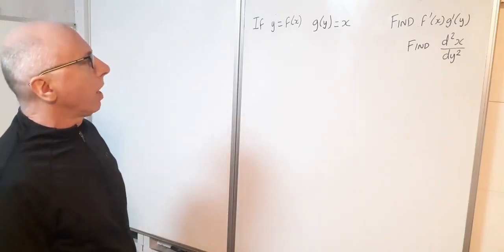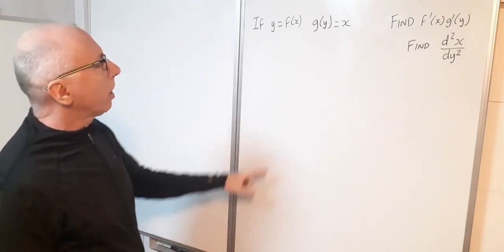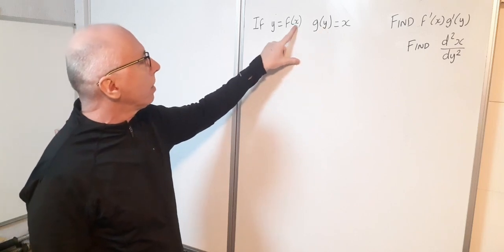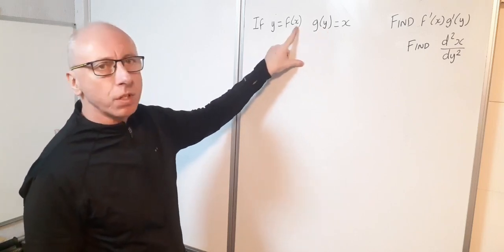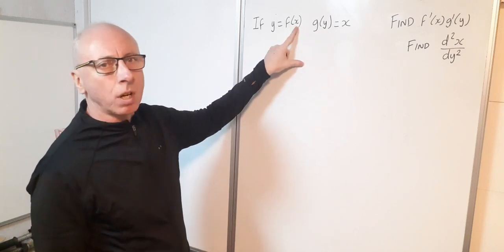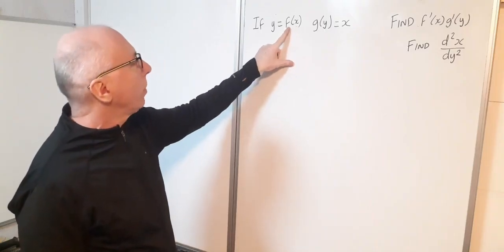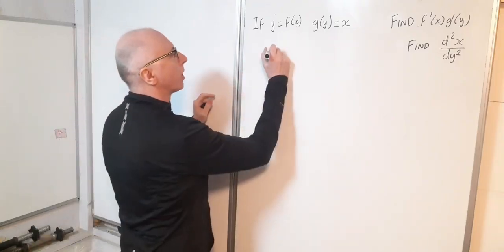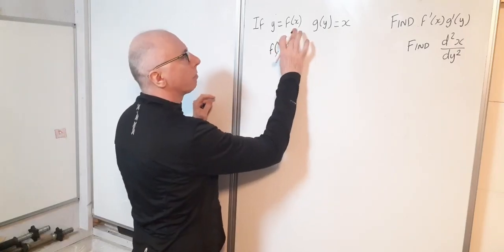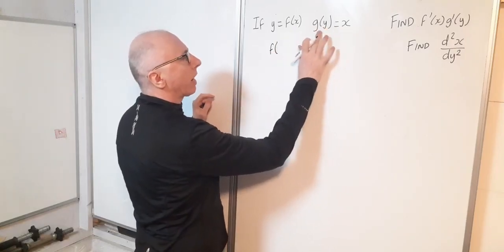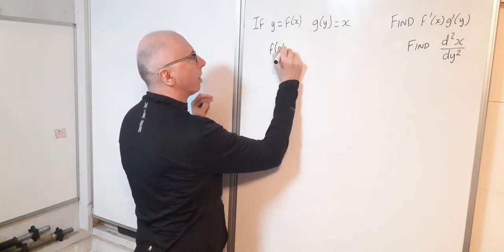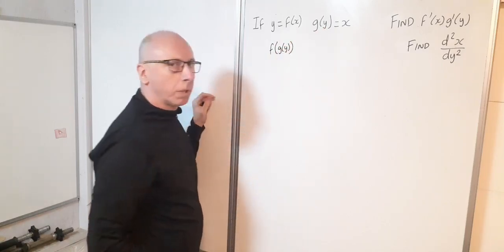So what I would do now is represent each one of these in terms of its inverse function and write them as a composite function. So in terms of here, I could write f of x. So f of x becomes, well, what is x? x is g of y. So that becomes a composite function.